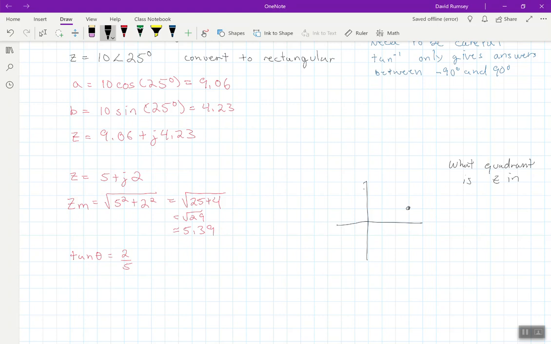If I plot it here, it was roughly there, so it's in quadrant 1. And remember, we have 4 quadrants. The inverse trig only gives us angles in quadrants 1 and 4. So if the number is in quadrants 2 or 3, we'll have to do something additional, and I'll show you what we'll need to do.